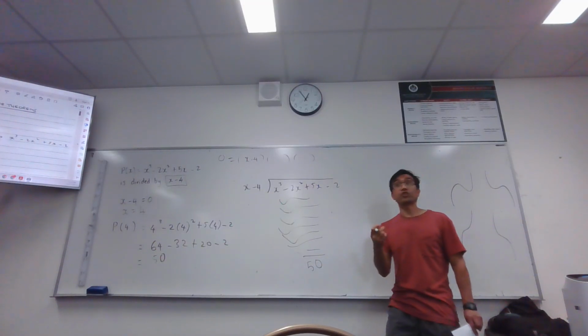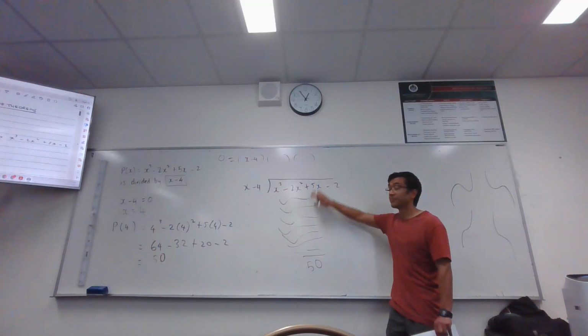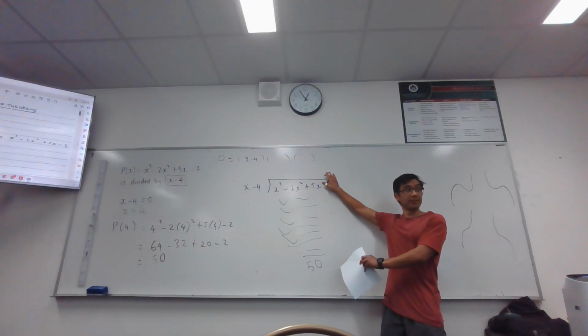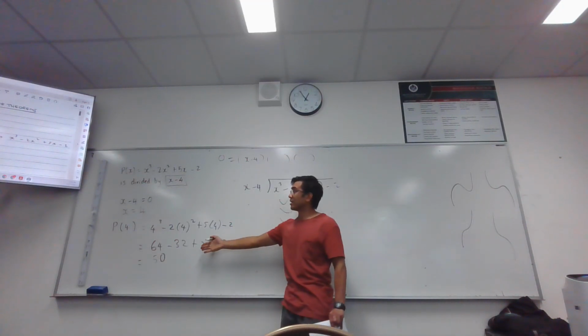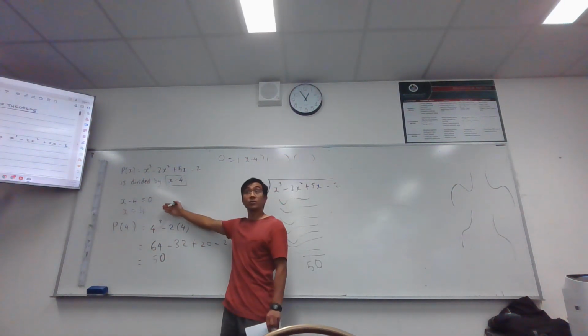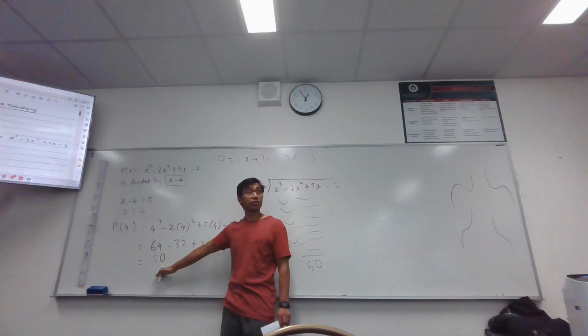So you have a choice of trying to find if there's a remainder or not. You can either take a very long time and waste a lot of minutes in your SAC, or you can go quickly to check if x equals 4 does it have a remainder or not?